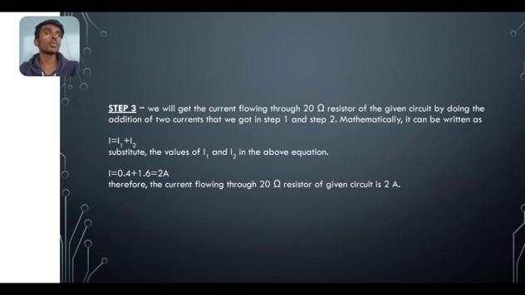Substitute the values of I1 and I2 in the above equation. I is equal to 0.4 plus 1.6, which is equal to 2 amps. Therefore, the current flowing through the 20 ohm resistor is 2 ampere.